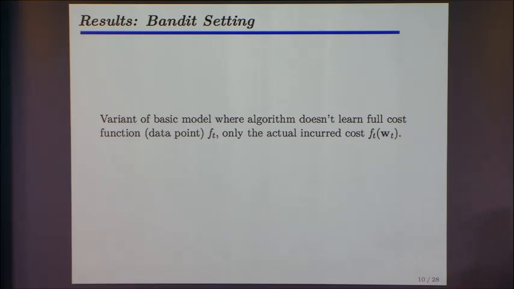You only learn the money you actually lost. It turns out that setting is very different. You can read about it in the paper, and I'm not going to talk about it more. We're going to stick to the full information setting because it's much simpler, and the main ideas we can use in the bandit setting are the same.